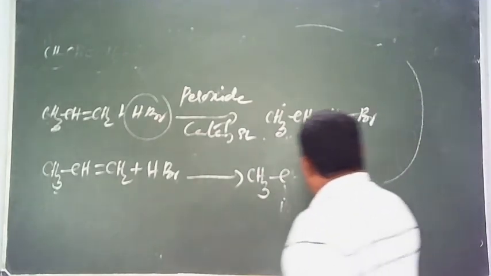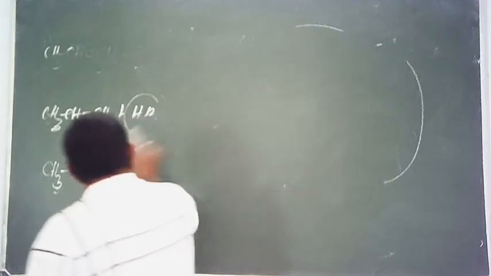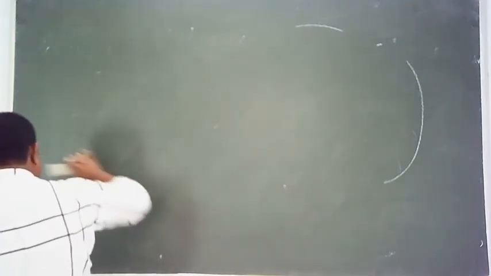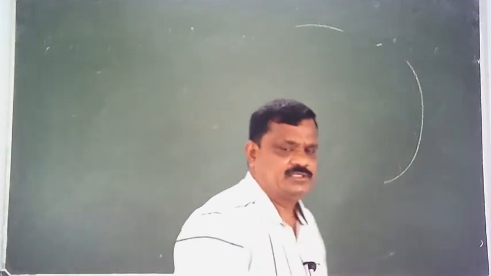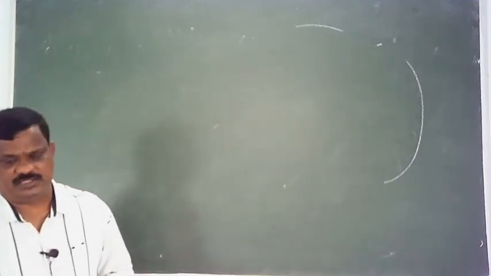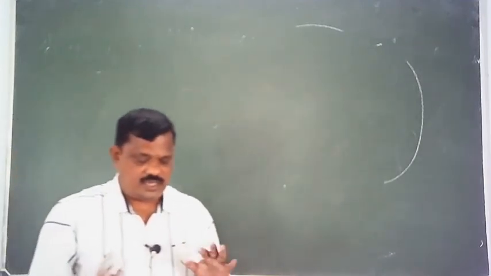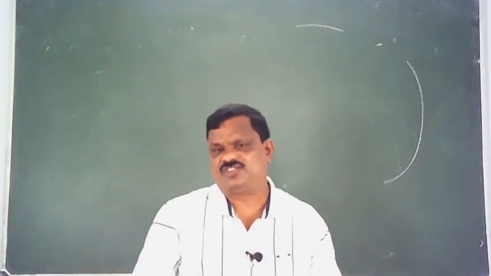Okay, this is about preparation of alkyl halides from alkanes and alkenes. Now let me go to the third method, halogen exchange methods. Here halogen atoms will be exchanged.